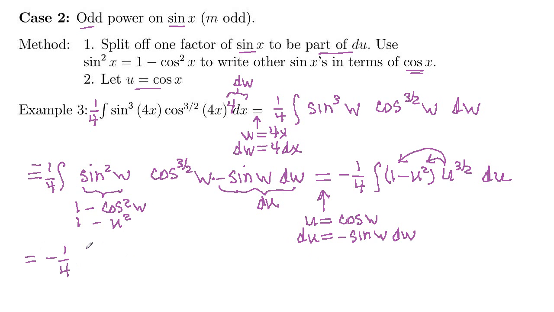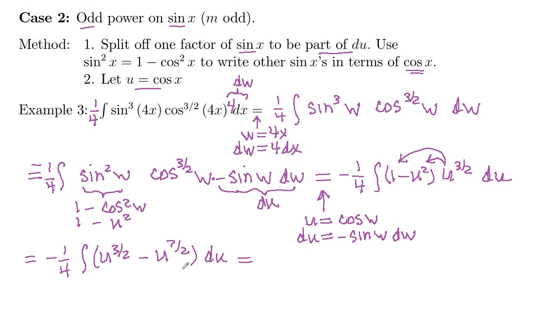Let's see here, integral u to the 3/2 times 1, u to the 3/2. And u to the 3/2 times u squared, you're going to add those. So this is 4/2 and 3/2, 7/2. So minus u to the 7/2. And then we've got du out on the end.